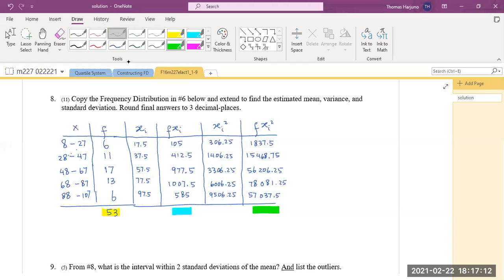I get 3087.5. Now, because this is a sample, my x bar, the sample mean, will be 3087.5 over 53. Now the question says around 3 decimal places, so this is 58.255. That's the sample mean.